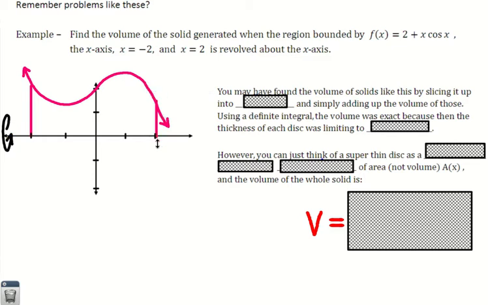So let me carry this down a little bit and extend that down, and when we reflect it down, close enough.